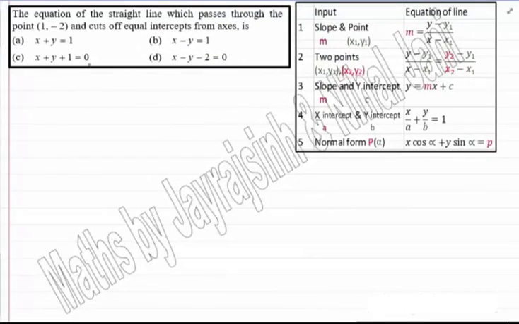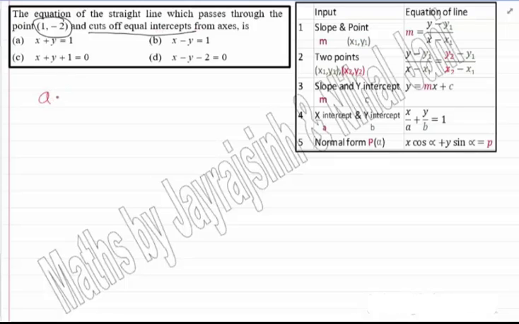Our next question: the equation of straight line which is passing through 1 comma minus 2 and cuts off equal intercepts from the axis. Here it is given that our line cuts off equal intercepts.